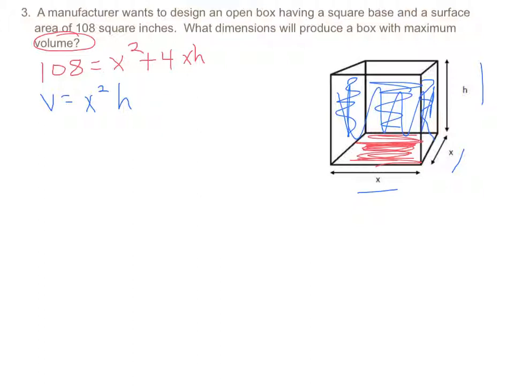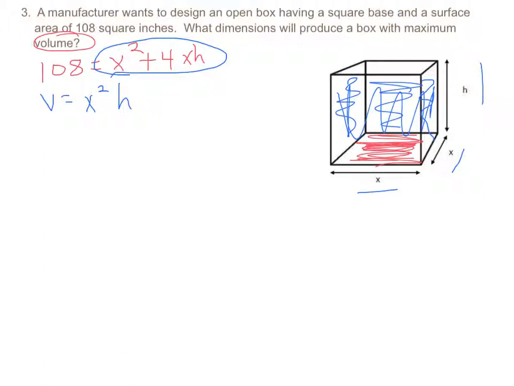Now, this is a little different from the one we did yesterday. Yesterday, when we were doing just areas and perimeters, it didn't matter which one we solved for. This problem is a little bit harder because we have x squared and then another term with an x in it. And so even if I factor out an x, I'm left with an x in the resulting term. We're really not going to be able to separate x out to solve for x.